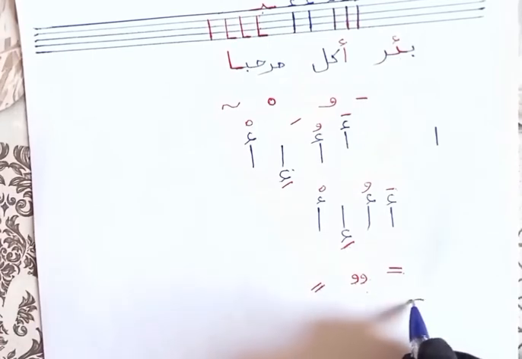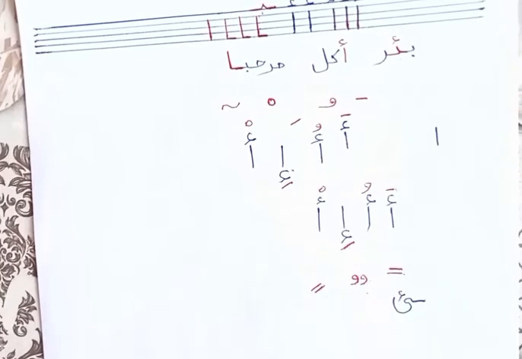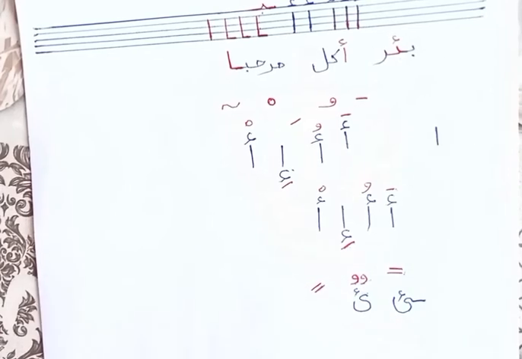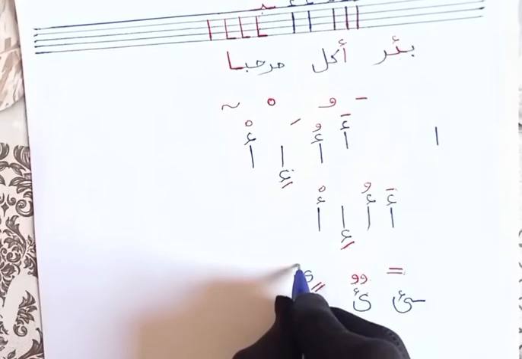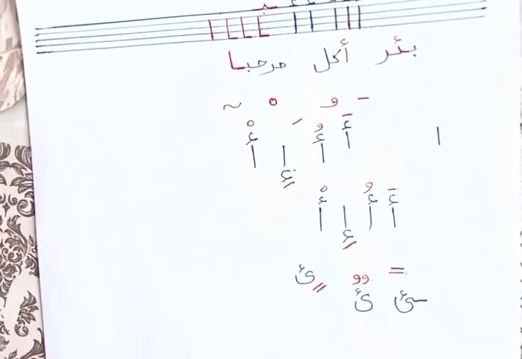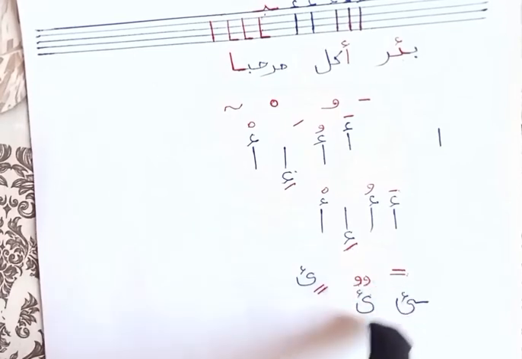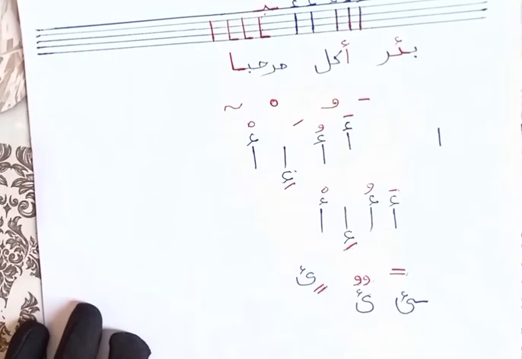Let us take the final alif example. So we have an, un, double signs we put by the end of the word.